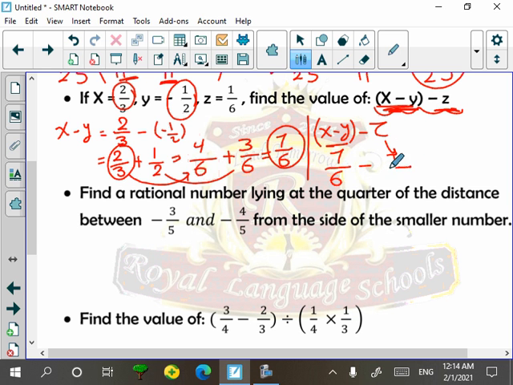It will be 7/6 minus 1/6, which is 6/6, equal to 1.